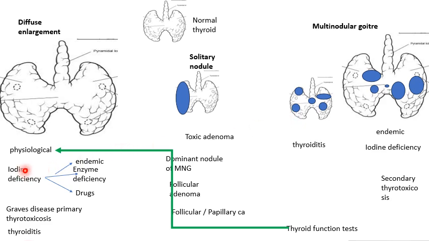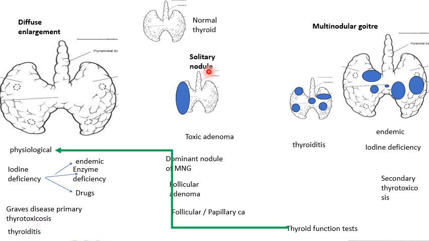Similarly, your iodine deficiency and all these fellows who start off as diffuse end up here as multinodular goiters. You see, there is a timeline. The anatomy for the same pathology can become different. Of course, your Graves' is unlikely to become nodular. I hope this much is clear.